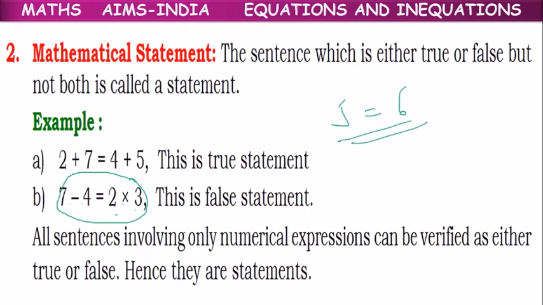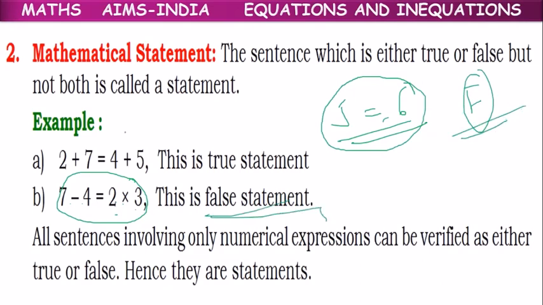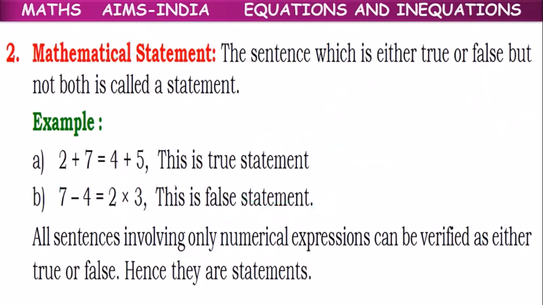Is 3 equal to 6? This is false. So this is an example of a false statement. So a mathematical statement can be a true statement or a false statement. If you are able to tell true or false, then it is a mathematical statement.